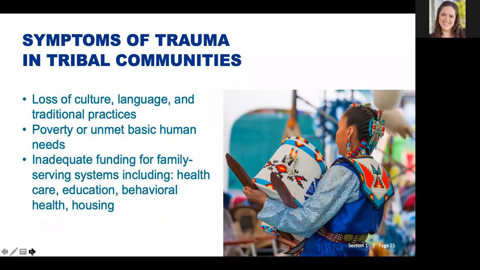So again, what are the symptoms of trauma in tribal communities? It's a loss of culture, language, and traditions. We continue to struggle with high levels of poverty and high unemployment rates, and we always want to think about poverty not as a crime or a sin, but understanding that poverty doesn't just deplete the financial resources of a caregiver, it also depletes our caregivers' social and emotional and spiritual resources, and it can be very challenging.